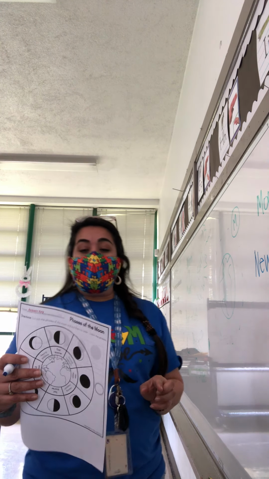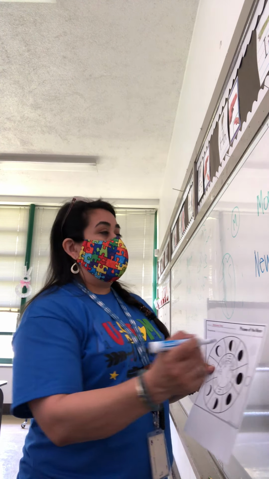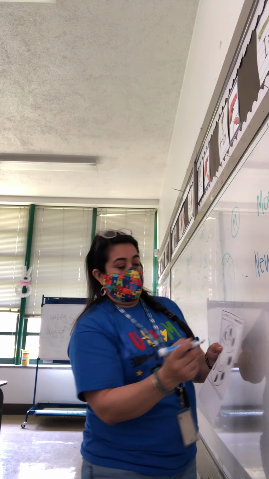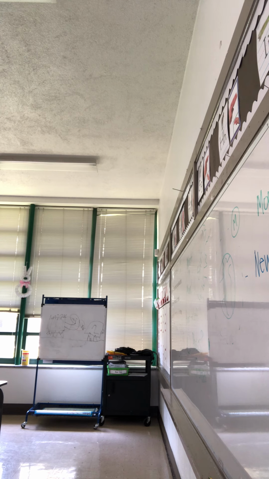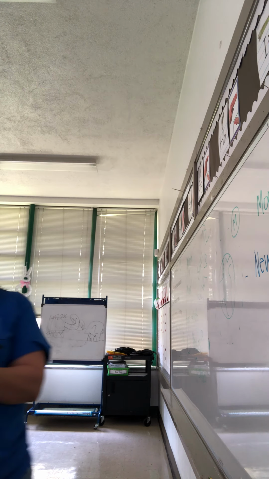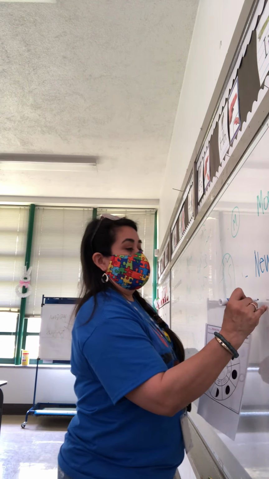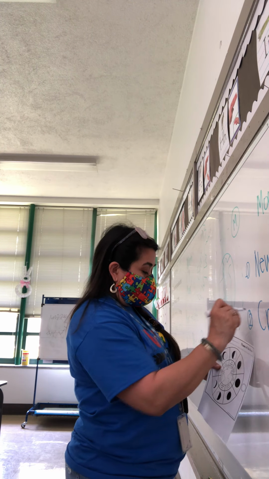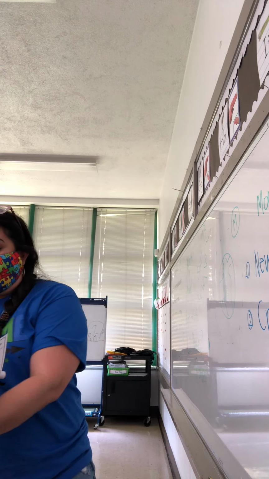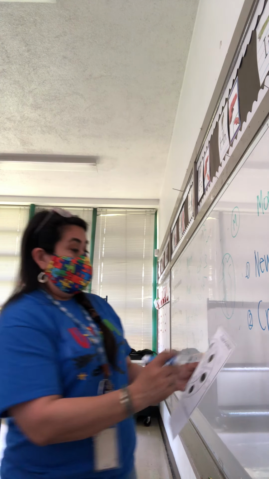So after our new moon, it rotates, and we are going to see a crescent moon. Could you say crescent? So this is the order we're going in. For this particular worksheet, we're going through 4 phases of them, okay? We're going to go through 4.